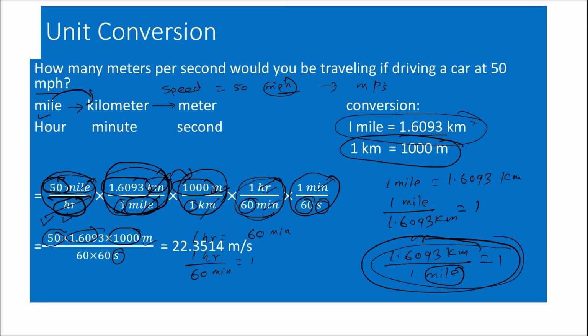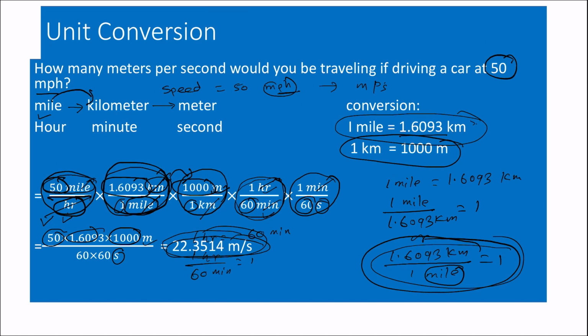If you do that, it gives you 22.3514 meters per second. So it means if you are driving your car at 50 miles per hour, you are driving at 22.3514 meters per second.